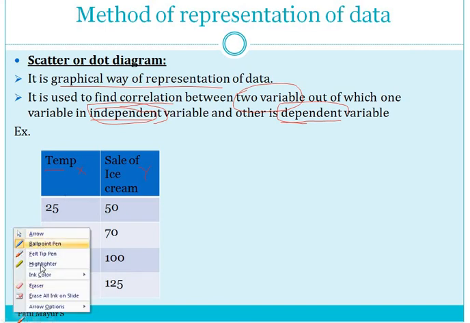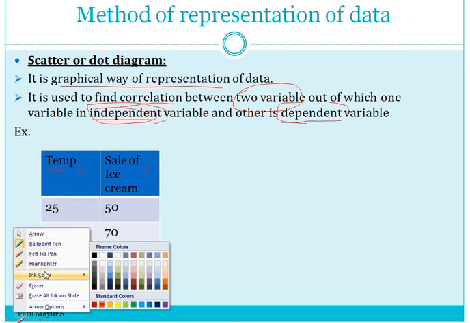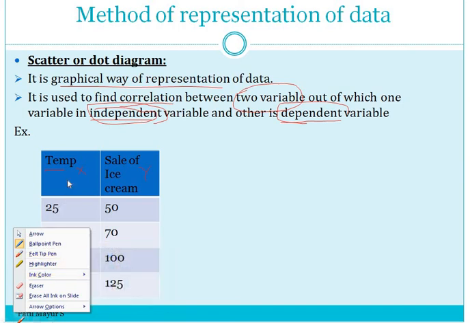Temperature cannot be controlled, so it is the independent variable, it doesn't depend on anything else. The second is the sale of ice cream, which is the dependent variable, because as the temperature increases, the sale of ice cream also increases.